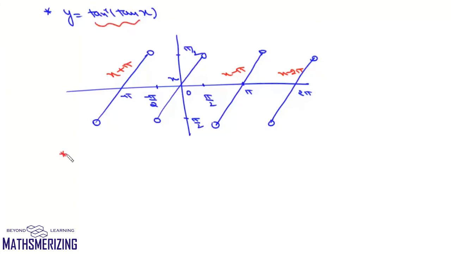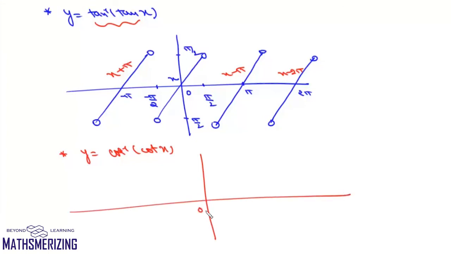And finally, we write y equals cot inverse of cot x. Now cot inverse has a principal value range of 0 to pi. So between 0 and pi, it'll take the value x, and then we'll just keep drawing these parallel lines.